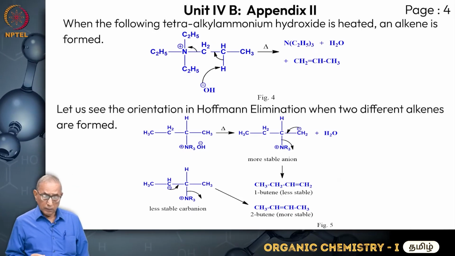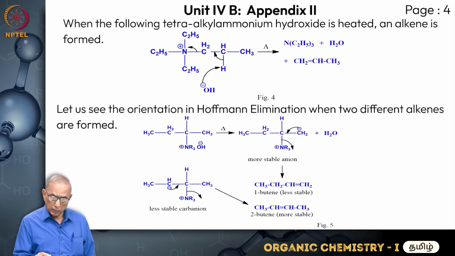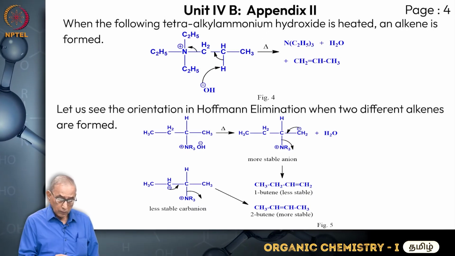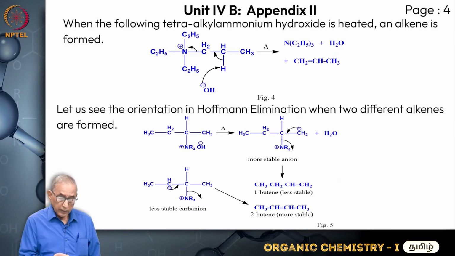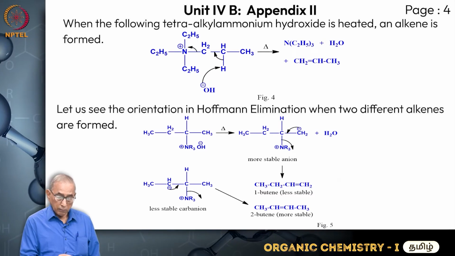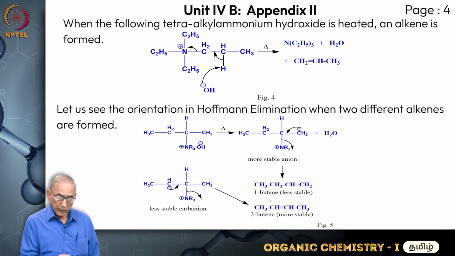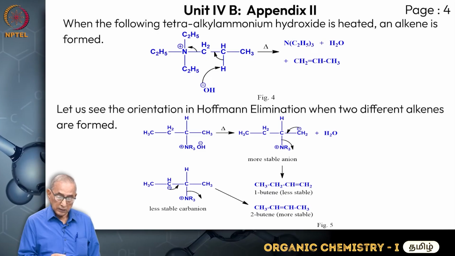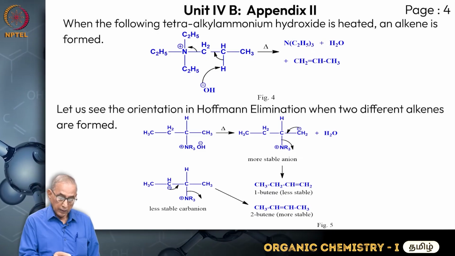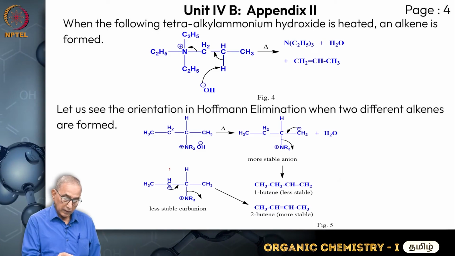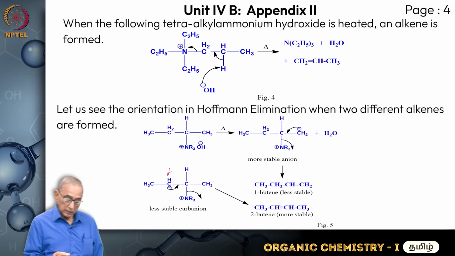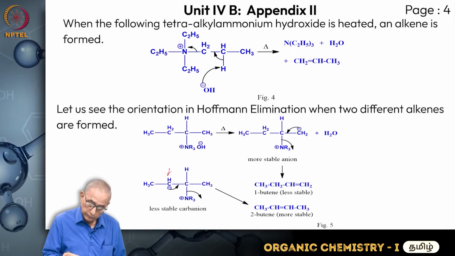Now, this particular anion is more stable. We will compare it with here. Now, you do the elimination making this carbon anionic. Here OH minus abstracts this hydrogen from this carbon. Here it abstracts hydrogen from this carbon. So, this is the anion.